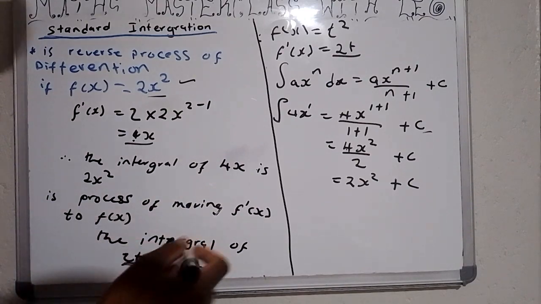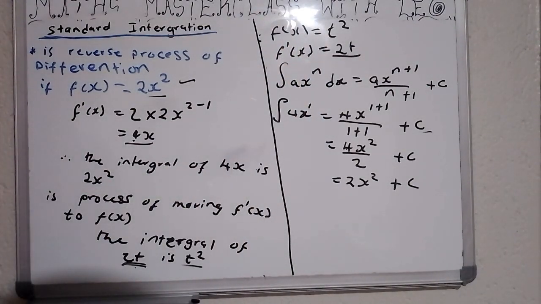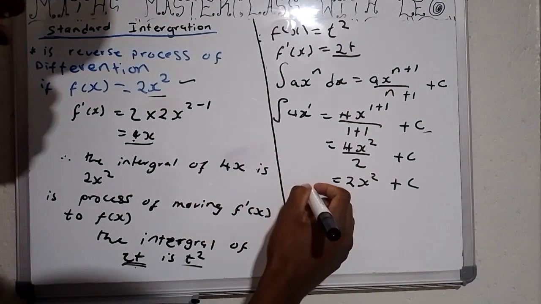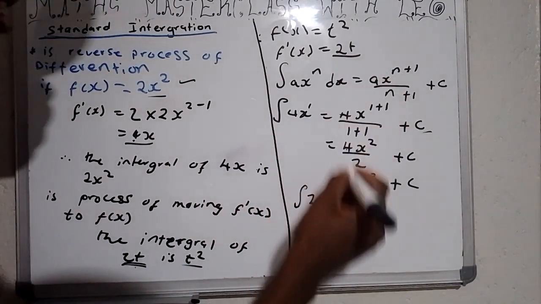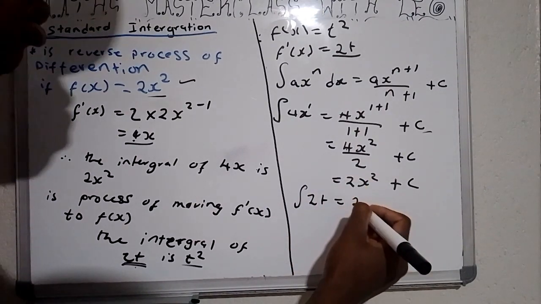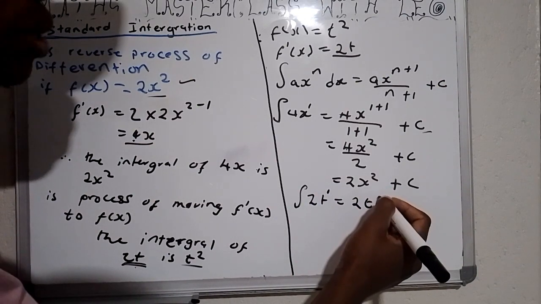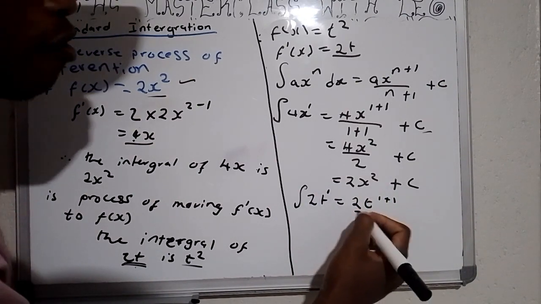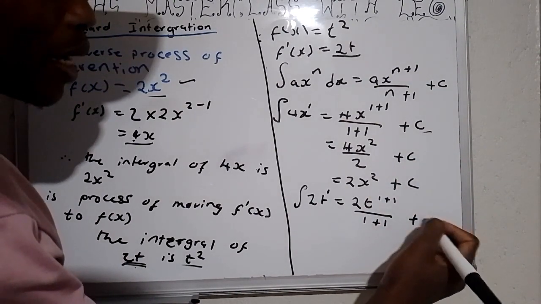Let's take the second one, which is 2t, and see if we integrate 2t, are we going to get t squared? We have the integral of 2t, right? When I write the formula, I'm going to have 2t, but because I have to the power 1 here, I'm going to say 1 plus 1 over 1 plus 1. Don't forget to add plus c.